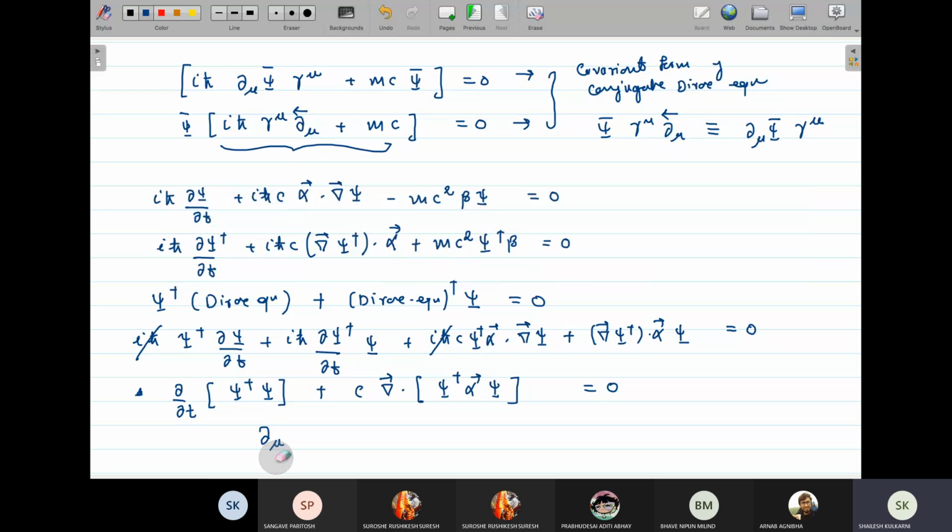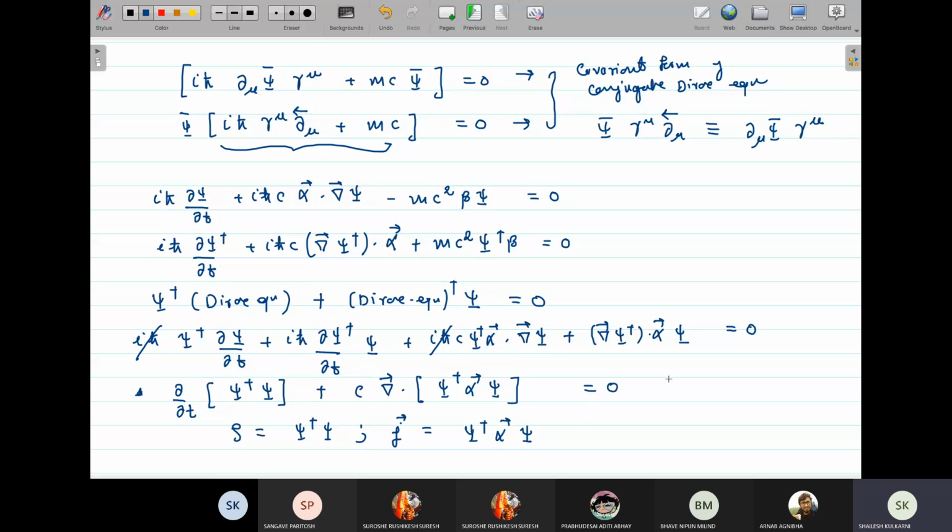Let me insert one more step here. So let me define first rho, which is psi dagger psi, and I will define three vector J by psi dagger alpha psi.